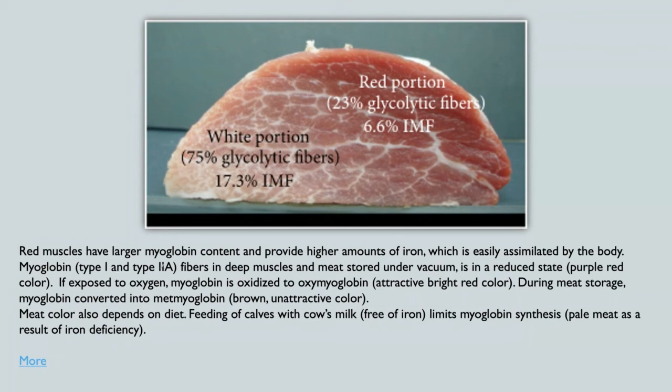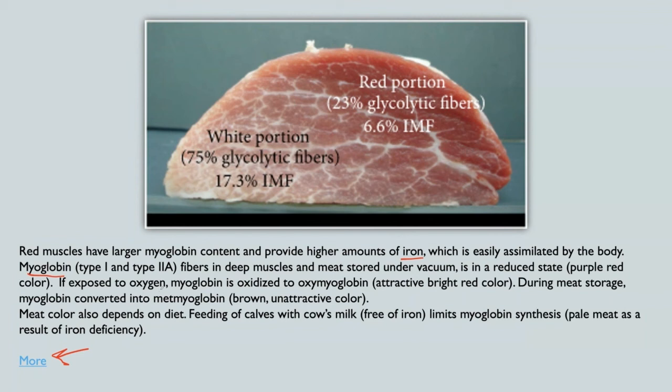Red muscles have a lot more myoglobin, more iron. That's why it looks red. And if you go to this link here, you're going to learn many interesting things about the color of the meat in the supermarket. For example, when the meat is stored under a vacuum, it is in a reduced state and becomes purple red.